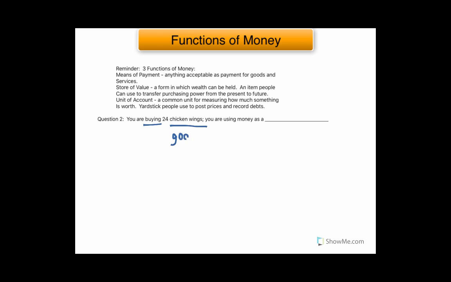So remember, in the definition of means of payment, it says we're exchanging it for goods. So this one is means of payment.